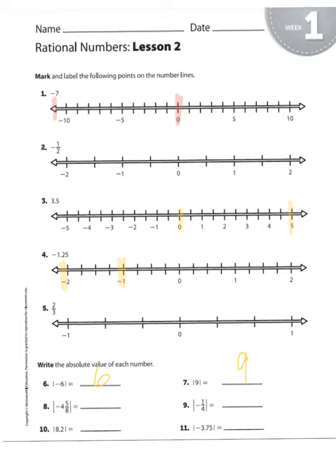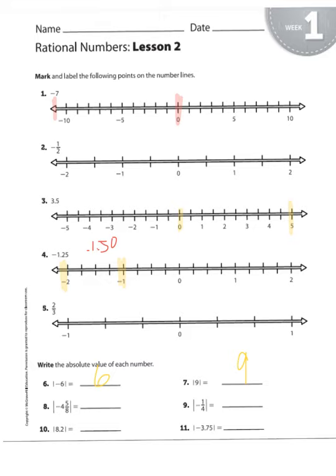So in between negative 1 and negative 2, let's look at the halfway point. The halfway point would be right here. So my halfway point, that would be a negative 1.50 because that would be half.